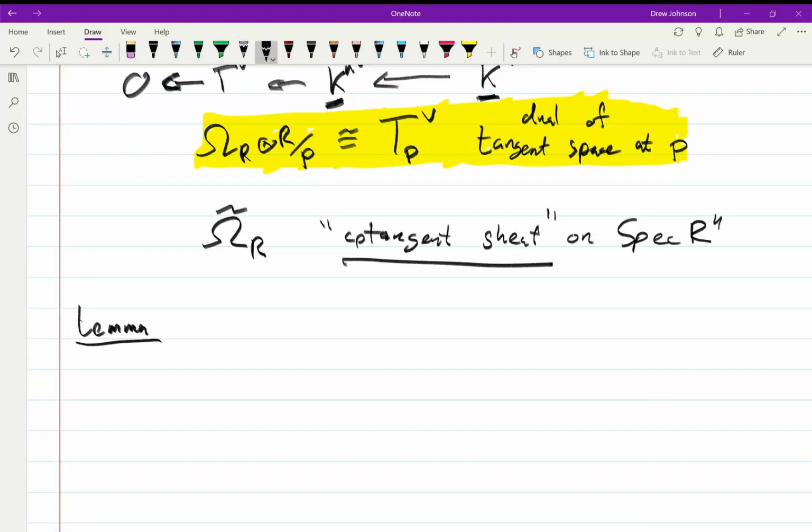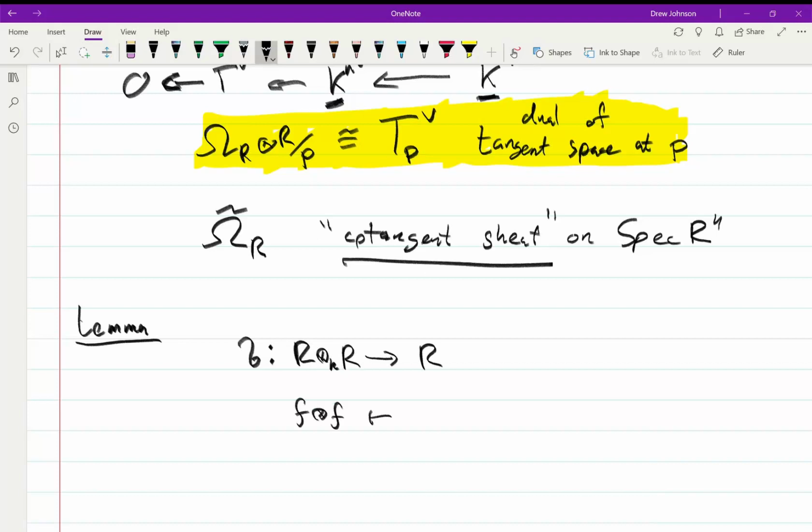All right, so first we need this lemma. Once again, R is a K-algebra, and let's consider the map delta from R tensor over K with R into R, and it's just the multiplication map.